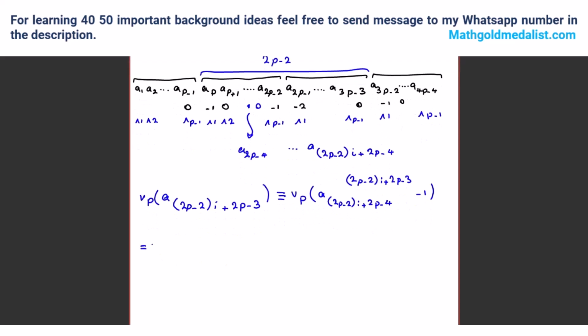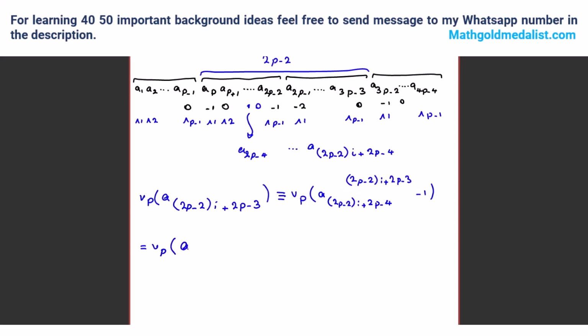Now we can apply LTE because this is 1 mod p. By induction you can prove it, and we proved this in the previous part. Then because it is 1, this minus 1 is divisible by p, and these ones are not multiples of p.